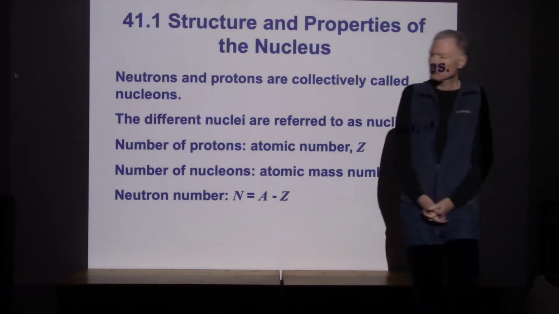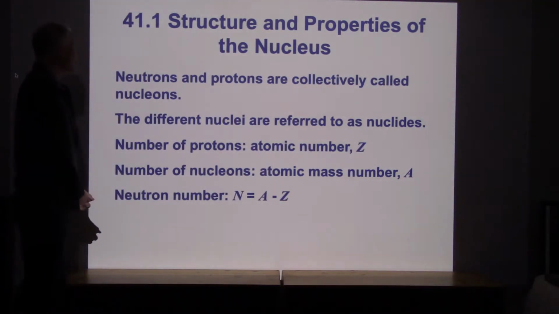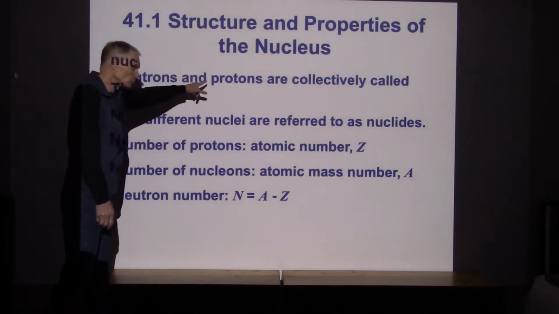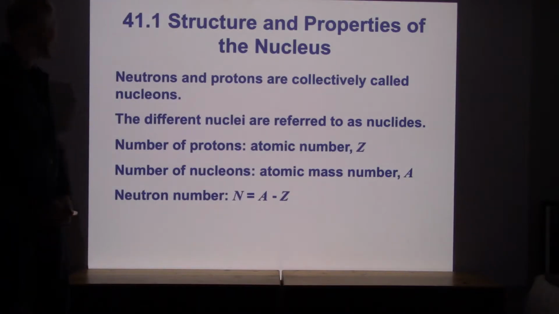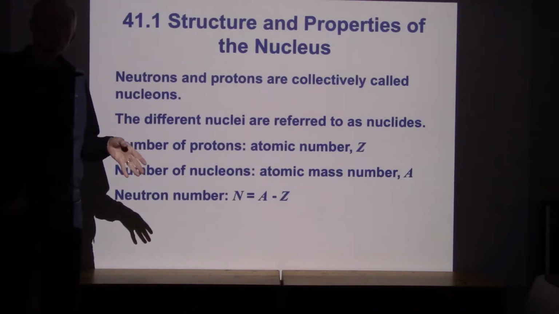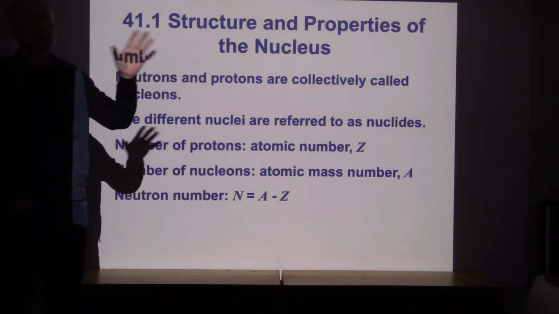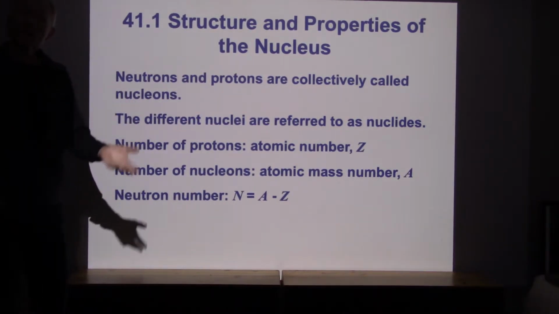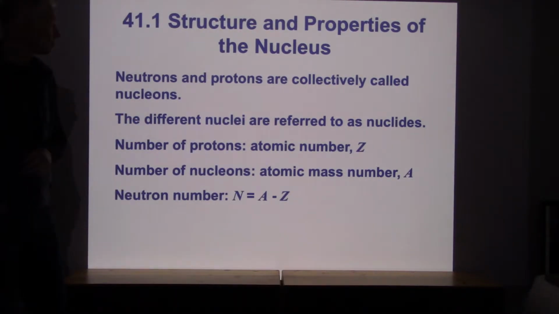All right, so in terms of the structure of the nucleus, a couple things to keep in mind. Protons and neutrons together are referred to as nucleons, which is kind of an interesting word that they've come up with. A lot of times when we're looking at the nucleus, we're talking about how many protons there are, how many neutrons, but it's also important to know the combined total number of protons and neutrons.